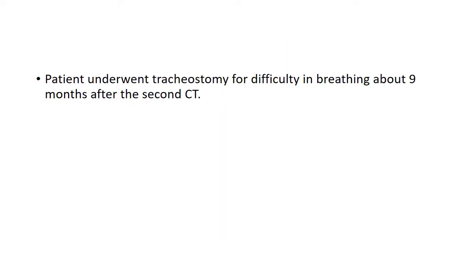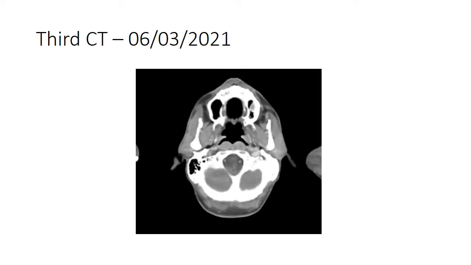Patient underwent tracheostomy for difficulty in breathing about 9 months after the second CT. Post-tracheostomy CT shows irregular peripherally enhancing soft tissue attenuating infiltrating lesion, involving anterior commissure, false and true vocal cords with significant luminal narrowing. The disease appears to have increased.